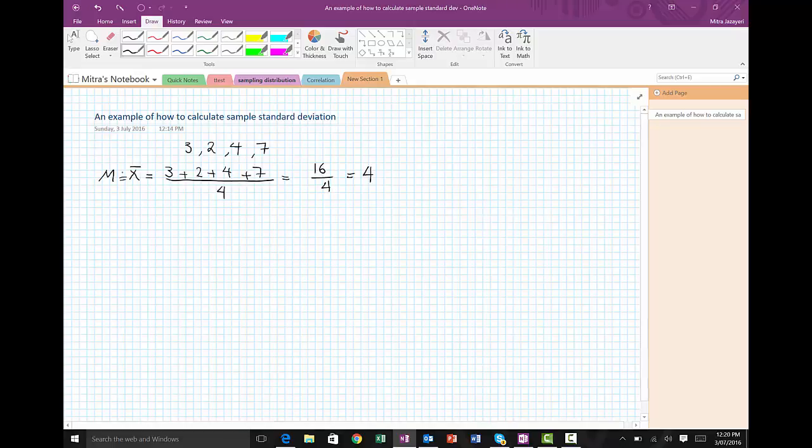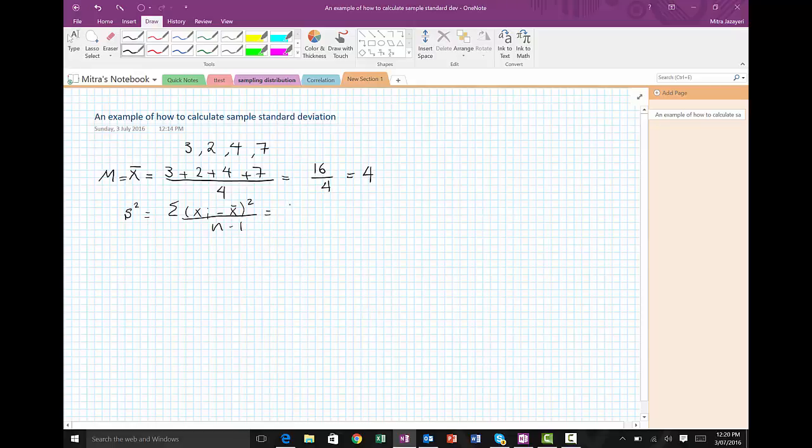Now for the sample standard deviation, I first find the variance: s squared is equal to the sum of (xi minus x bar) squared divided by n minus 1. So what does that mean?